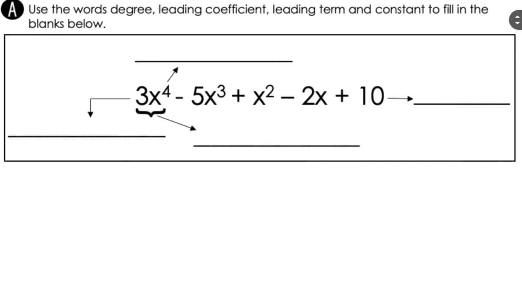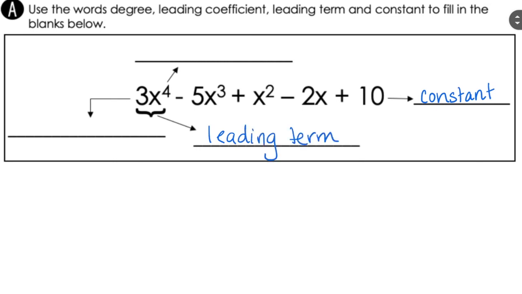So let's use the words that we just defined to help fill in the blanks. I'm going to start all the way at the right with the 10 because it's the easiest. The 10 does not have a variable, which makes it a constant. All right, now I'm going to go ahead and work with that. So that's the first term in my polynomial that is in standard form. So that makes this my leading term.